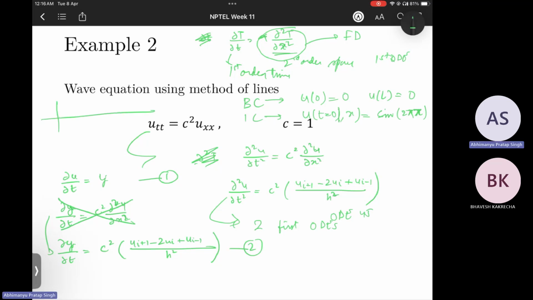So my initial condition is something like this. These two nodes are always fixed. That is my boundary condition. And at t equal to 0, the string is like this.